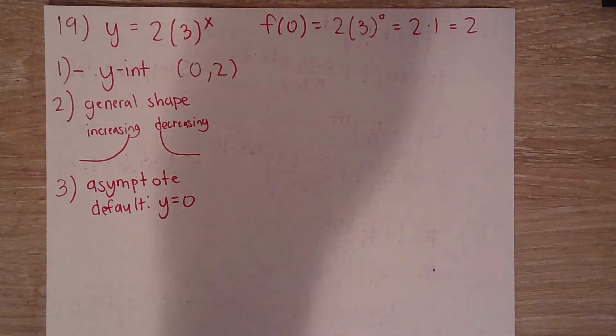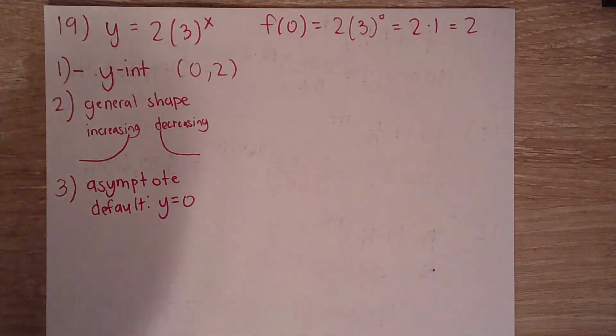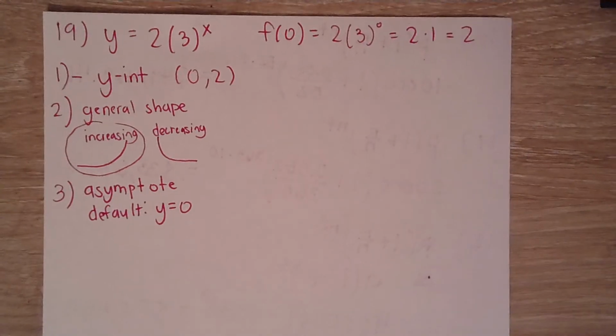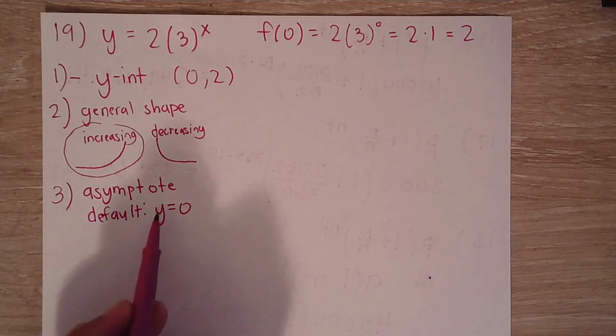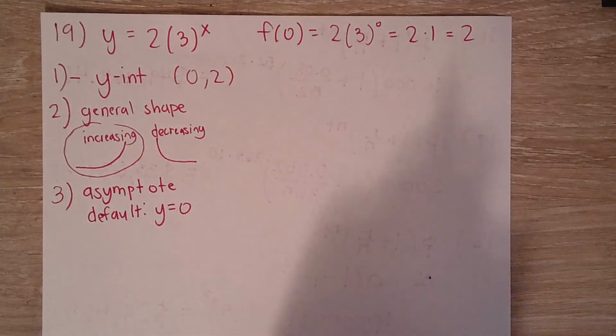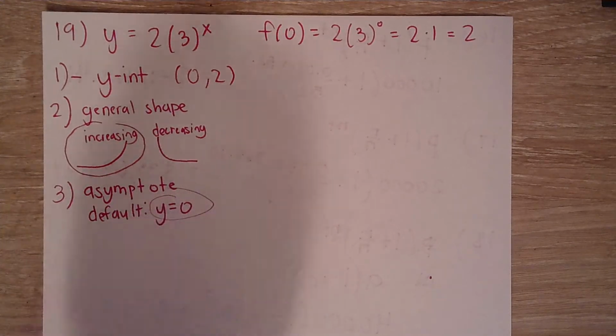If we keep on multiplying it, 3 times 3 times 3 times 3, of course, that's going to be increasing. There's no way that gets less and less and less. So yeah, our general shape of our graph is going to look something like this. And then our asymptote. As a default, it's y is equal to 0. Remember, it only changes if you have something added or subtracted from it. So yeah, our asymptote is going to approach y is equal to 0.